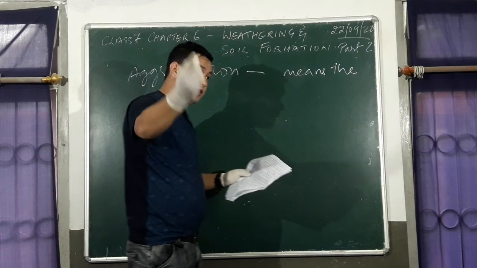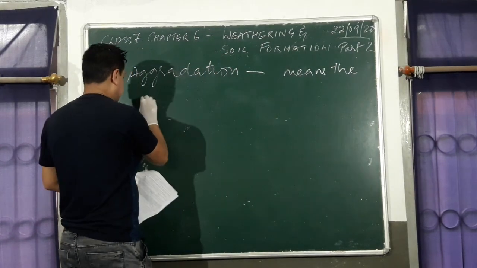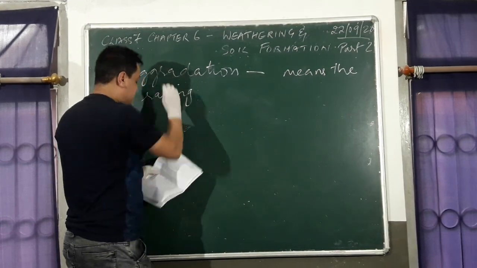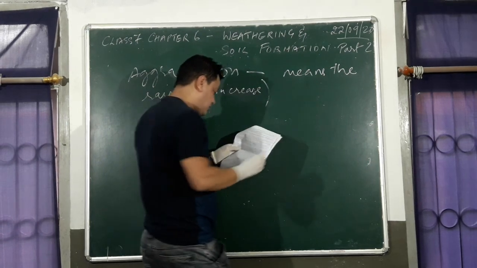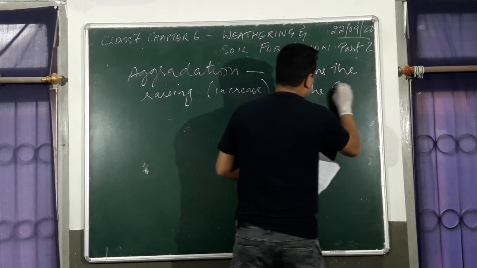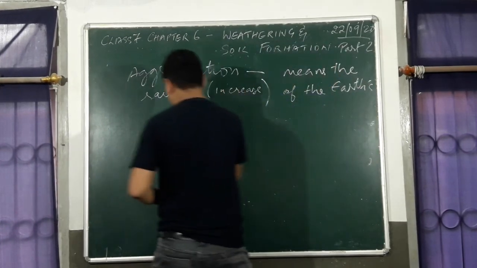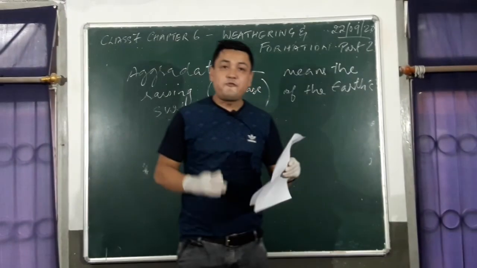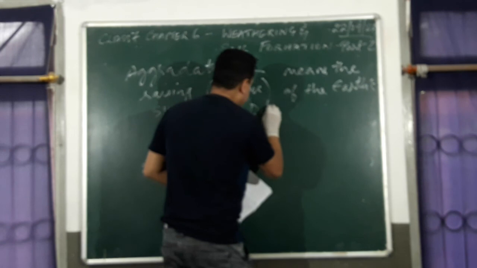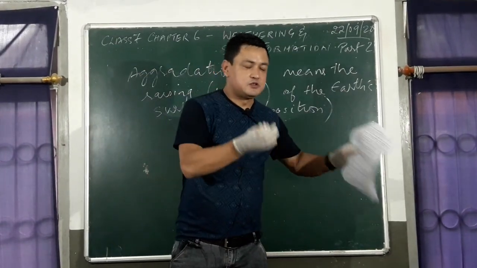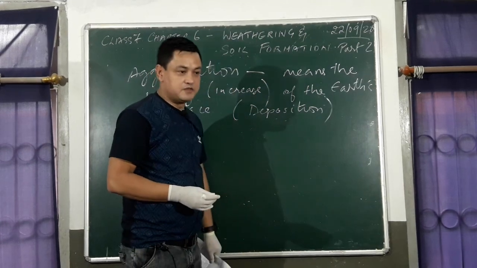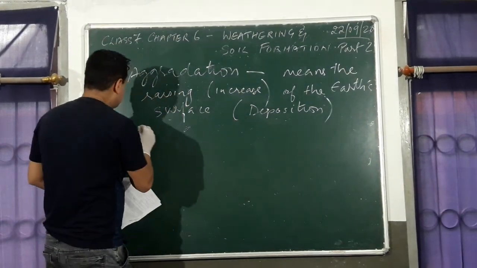That time it was lowering of the height, now it is the raising, or increase, of the land of the Earth's surface at a certain place due to the deposition of sediments. So the main process involved here is deposition. When the matter gets deposited, it increases the height of a certain natural, what we call physical features, of the Earth.